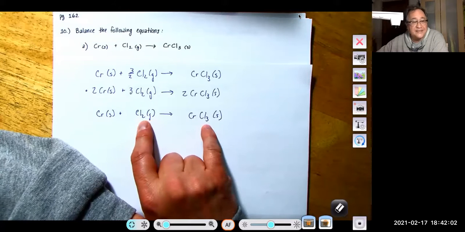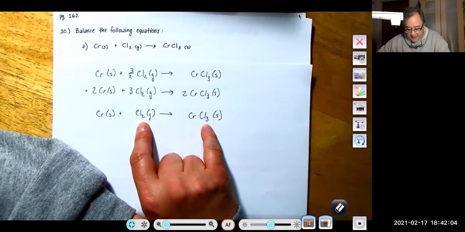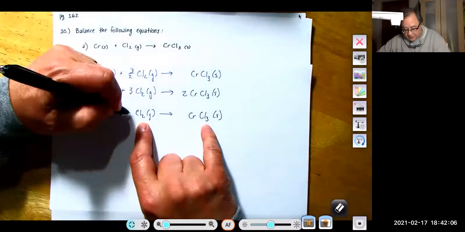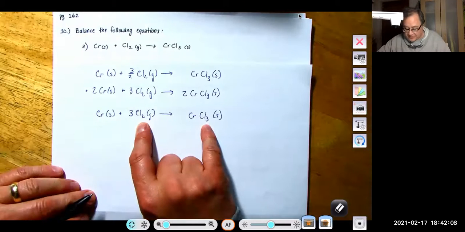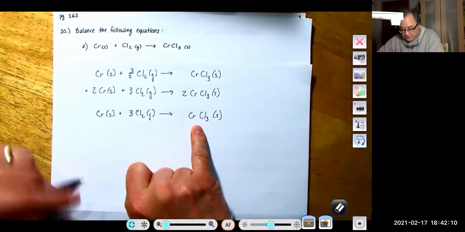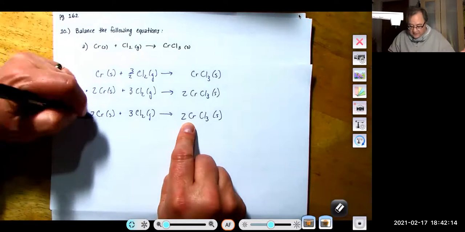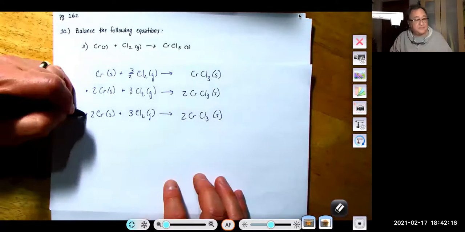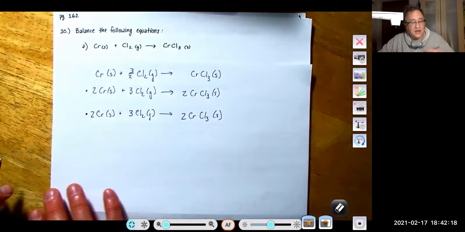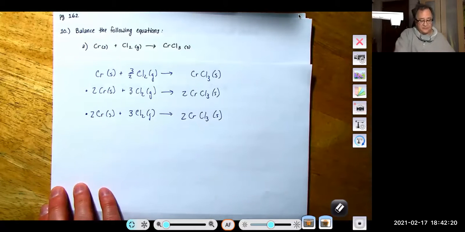So our goal is to get 6 chlorines. How do we get 6 over here? Put a 3. How do we get 6 over here? Put a 2. And now if we have 2 chromiums, we put a 2 here, and we're balanced again by using a common factor, if you will.